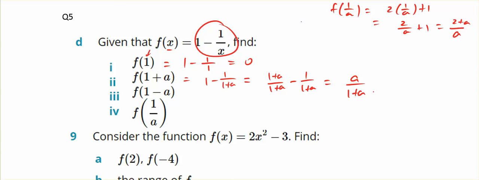Okay. Similarly, for 3, if I sub in 1 minus a for x, I do the same thing. I change the 1 into (1 - a) divided by (1 - a), minus 1 on 1 - a. Okay, so essentially I've got minus a on 1 - a.